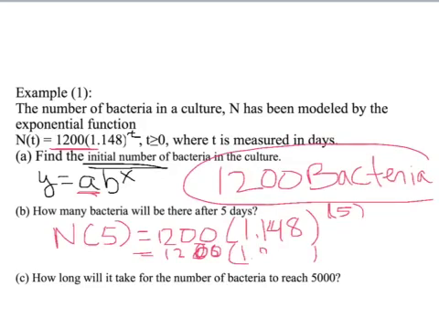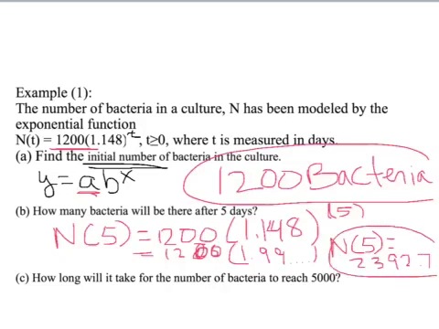And it's 1.99, with a couple more decimals. I'm just going to hit times the 1200. And my n of 5, my number at 5 days, is going to be 2392.7.